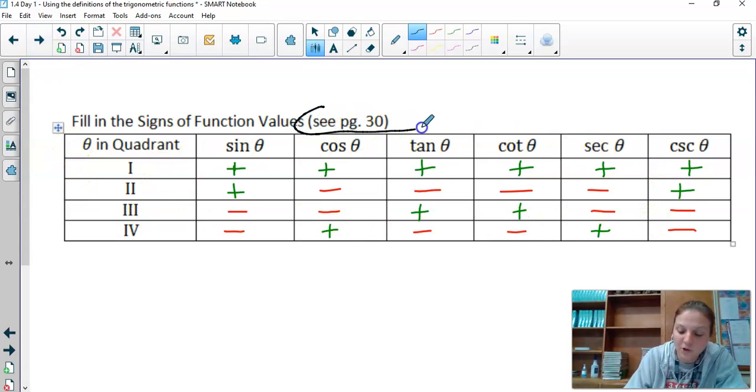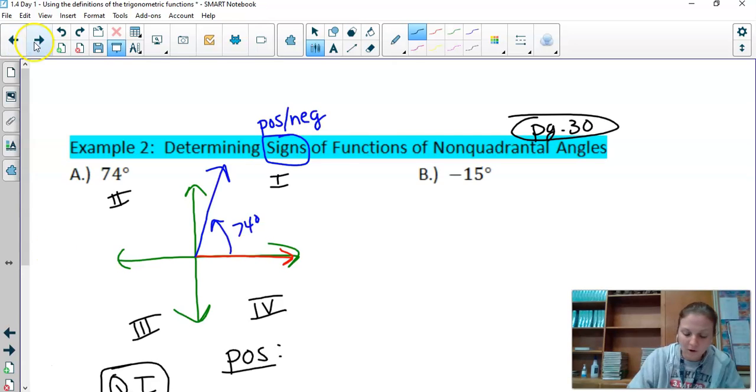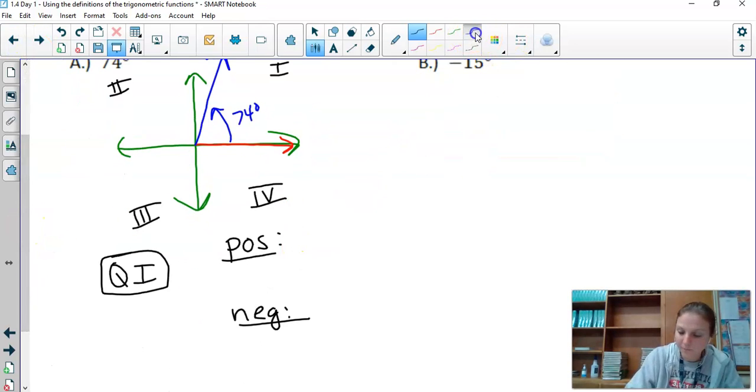It is on page 30, or just put see page 30 at least. I'm looking for quadrant 1. That angle that I just found falls in quadrant 1. I need to talk about what's happening with each of these trig functions, sine, cosine, etc. If you look at them, everything in quadrant 1 is going to be positive. So there are no positive or negative signs to worry about in quadrant 1. You will write all are positive.